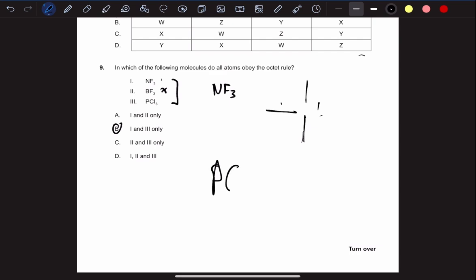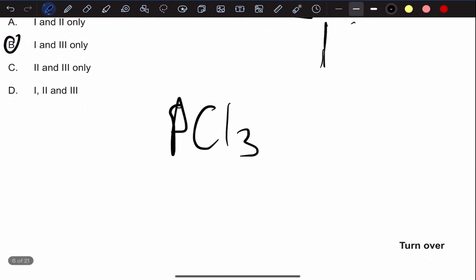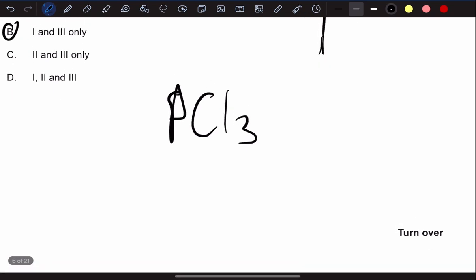For PCl3, I'm just going to try and explain it in words, because I don't want to draw everything. Okay, phosphorus has 5 valence electrons, and it forms 3 bonds with chlorine. Okay, so there's 3 bonding pairs, and then we have 1 lone pair. And yeah, chlorine has 7 valence electrons. It forms 1 bond. That's 8 valence electrons.